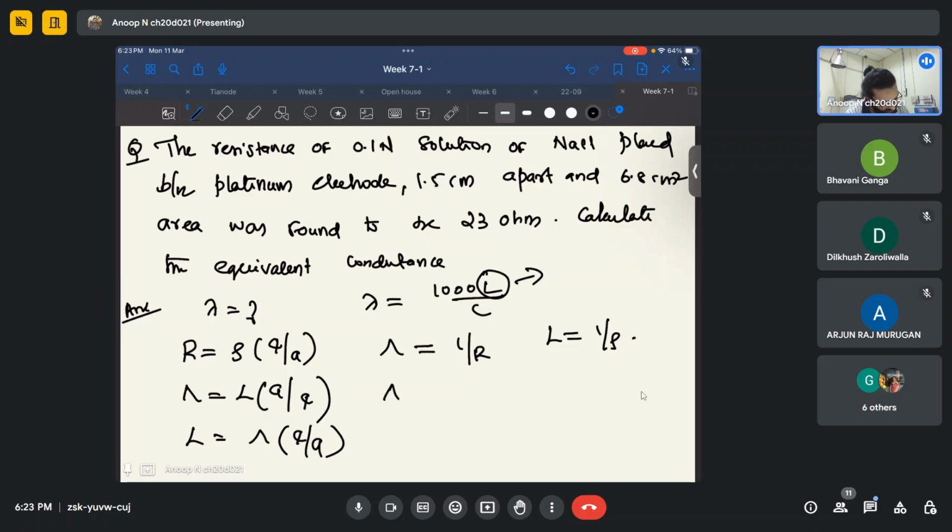So from this, we have the value of R. Capital lambda is equal to 1 by 23, which is nothing but 0.0435, unit is Siemens, or you can write mho.